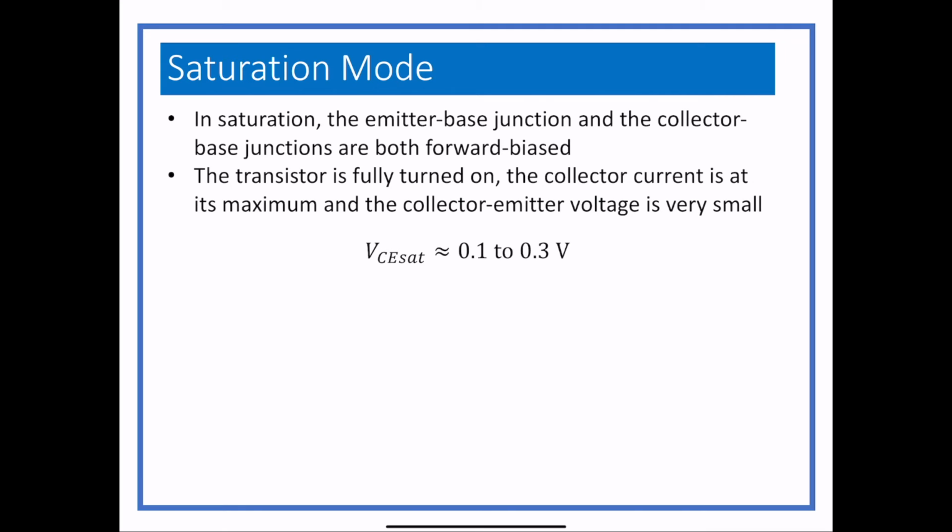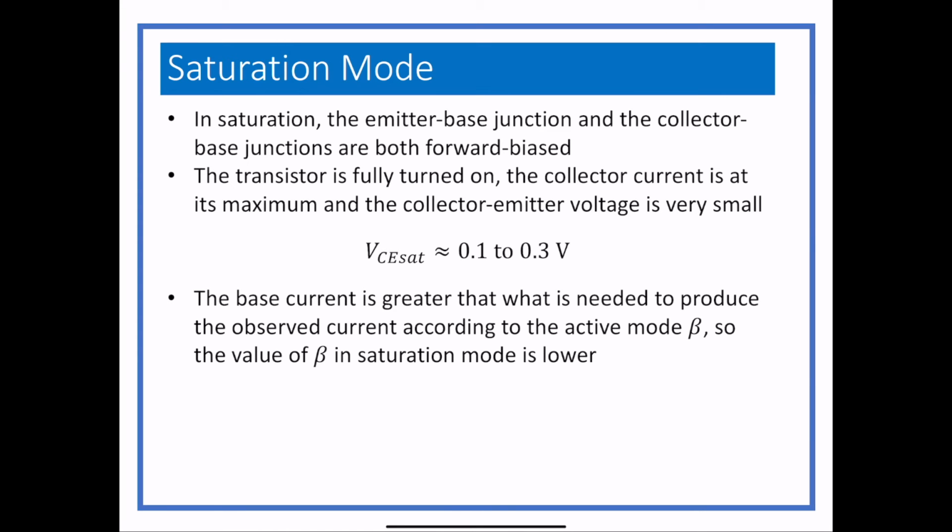And this is what happens then. You can keep increasing the base current, but nothing happens with the collector current. You really can't make more current come out. So what ends up happening is the value of beta actually is different in saturation. It's actually forced to be something different.